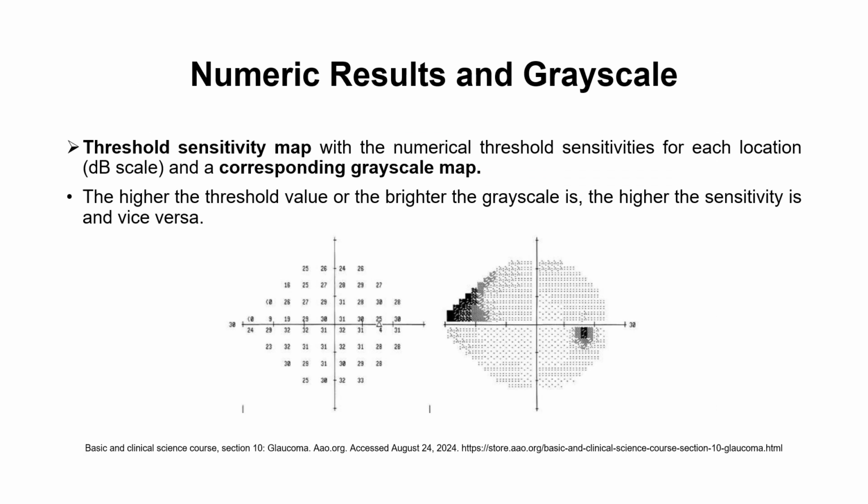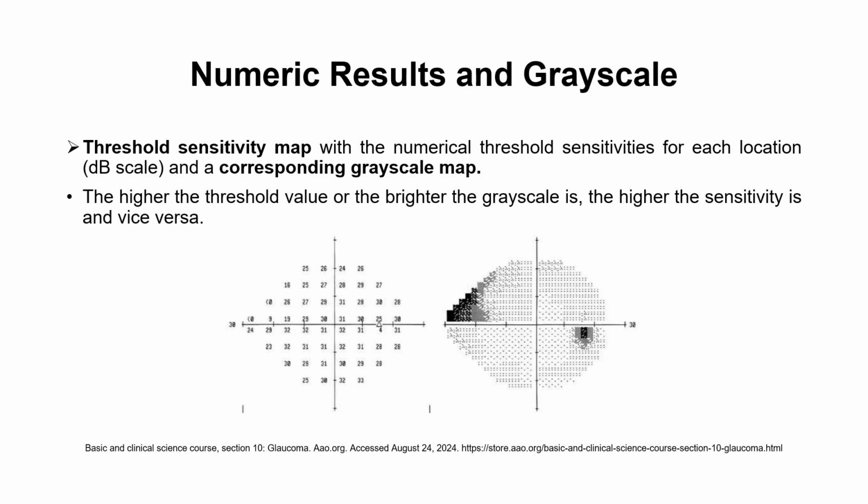As we said, coming to the numeric results and grayscales, these are the numeric results and the corresponding grayscale map. We have a threshold sensitivity map. This threshold sensitivity map has the numerical threshold sensitivity of each location in decibels. And this is the map you should depend on.